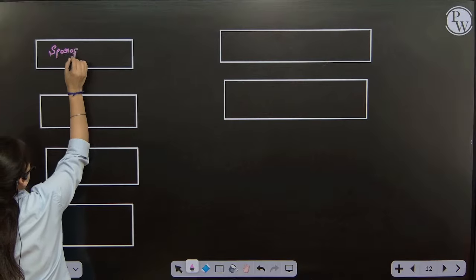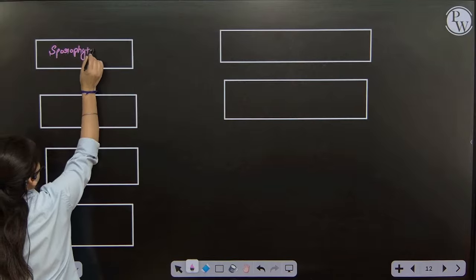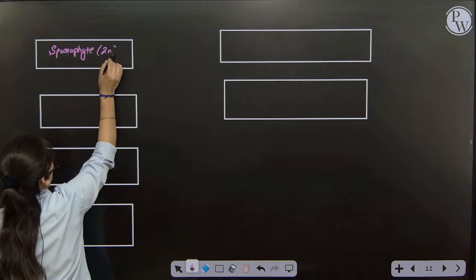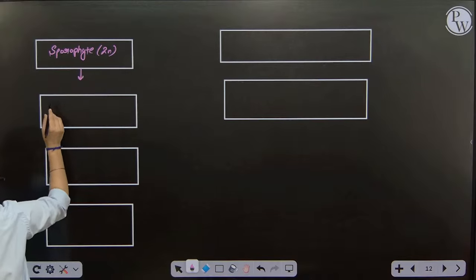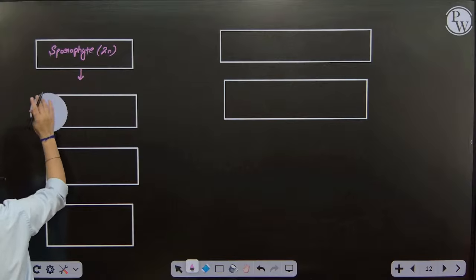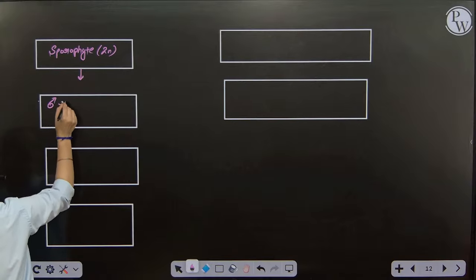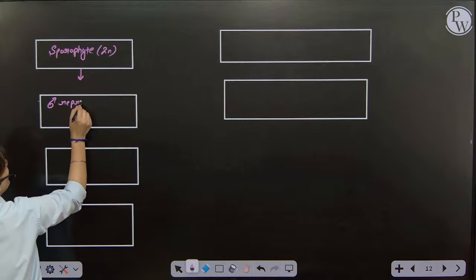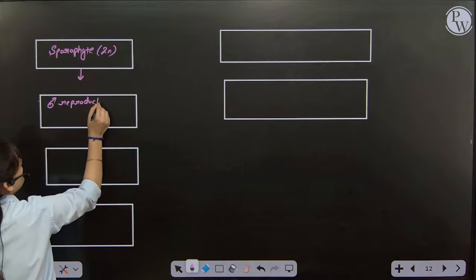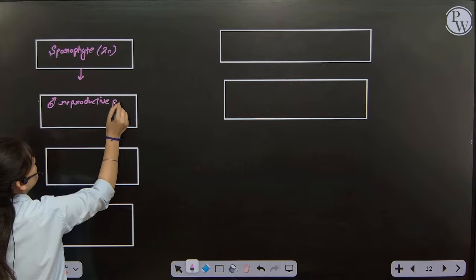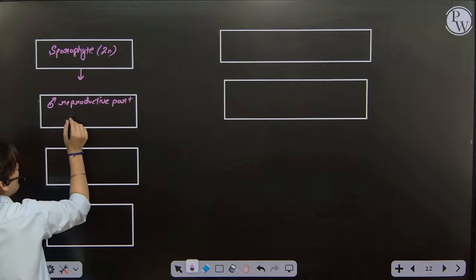Sporophyte, which is 2n. That sporophyte has a male reproductive part, and that male reproductive part is known as the stamen.